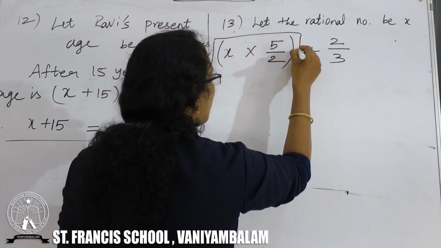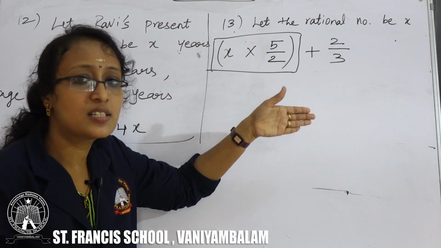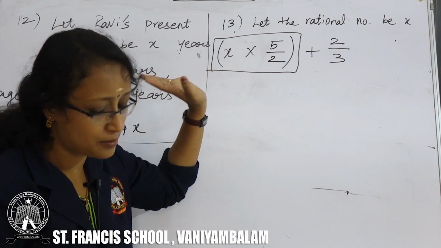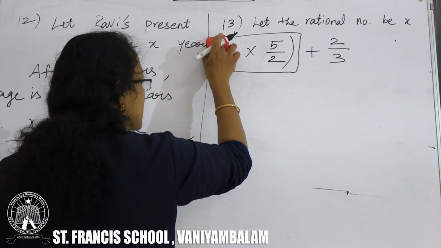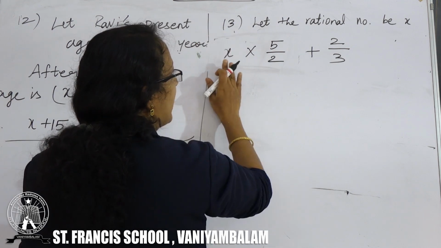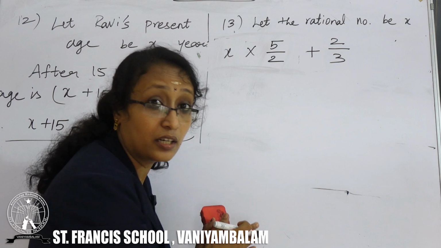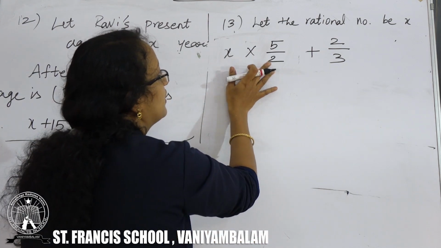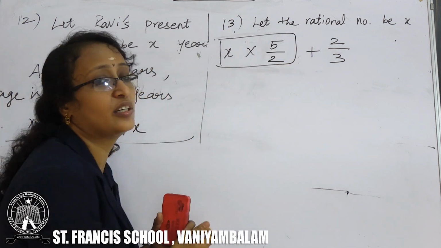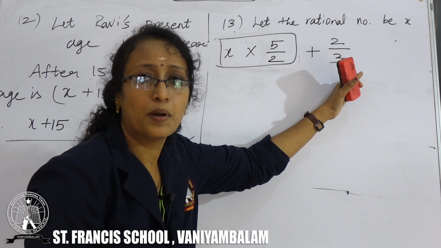Product means the answer of the multiplication. So just multiply only the x and 5 by 2. The 2 by 3 is added not with 5 by 2, but with the answer of this x into 5 by 2. Multiply this first and add 2 by 3.